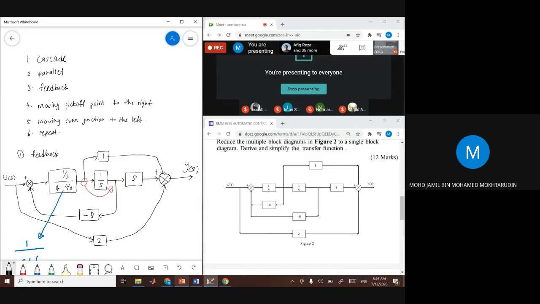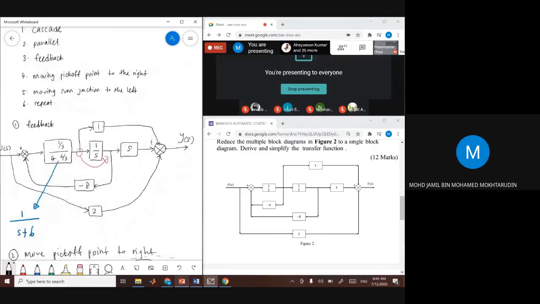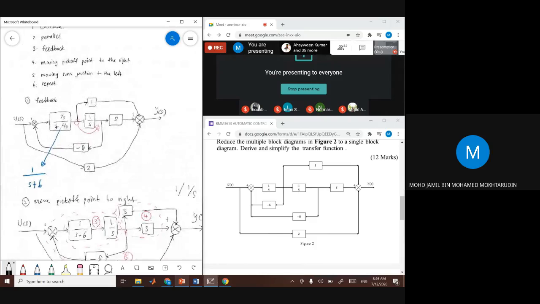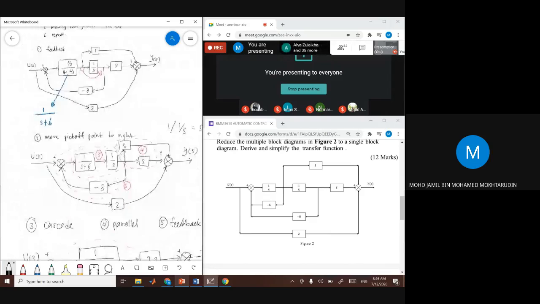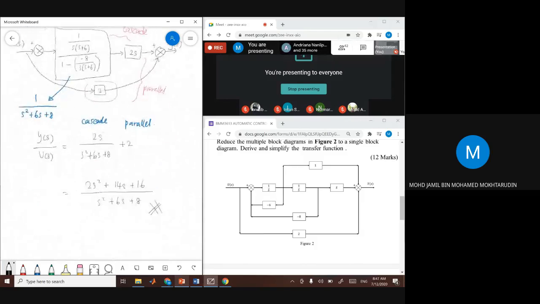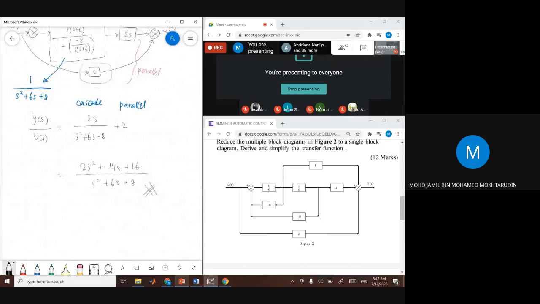Okay, you can follow different steps, but you will find out that the final transfer function obtained will be a bit complicated. So the steps given produce the most simplified transfer function.